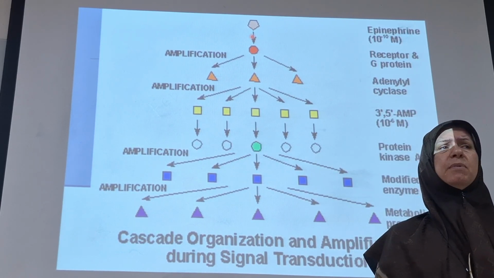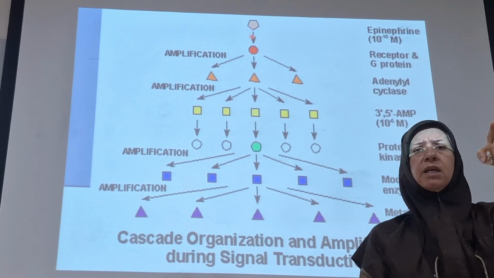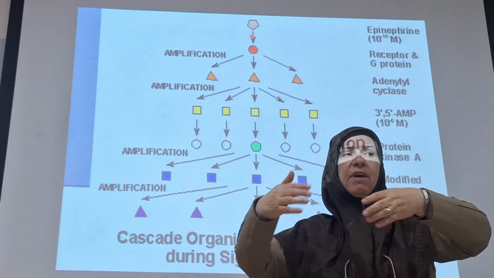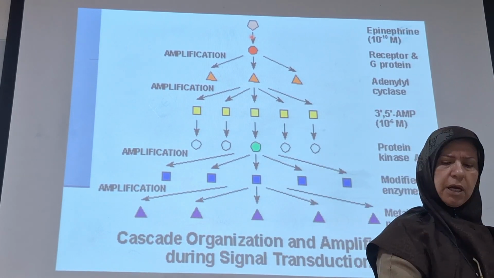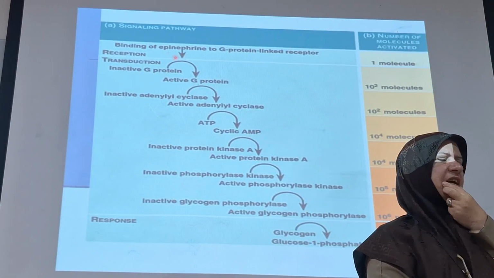Here we have the first messenger. The hormone is the first messenger, producing a second messenger, third messenger, fourth messenger. Because of it, we have amplification. Here you see epinephrine effects.